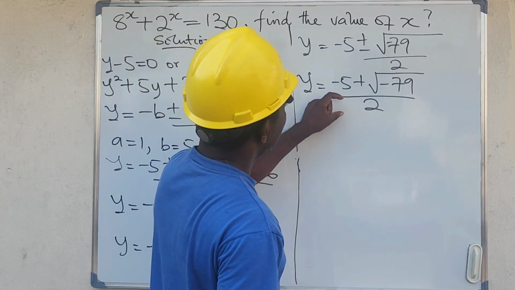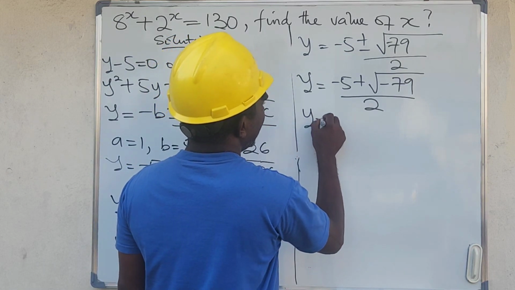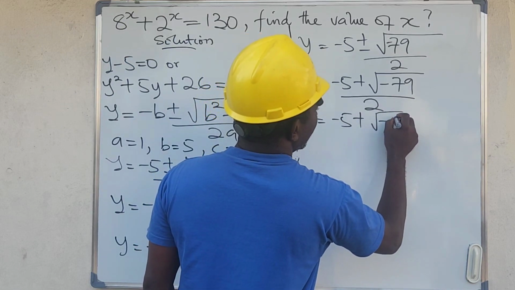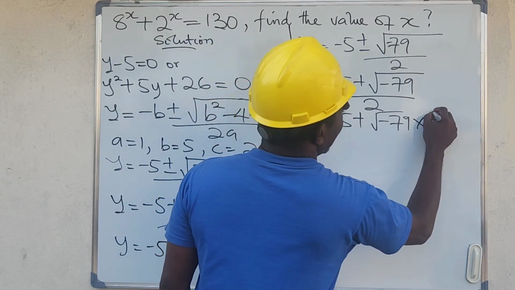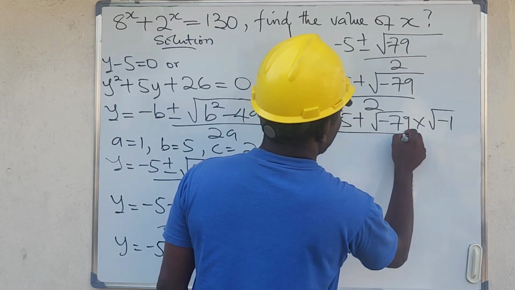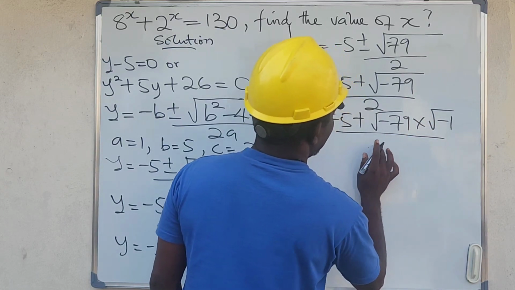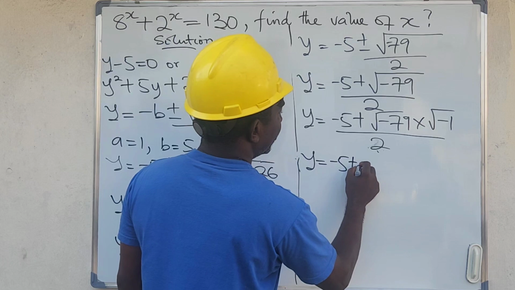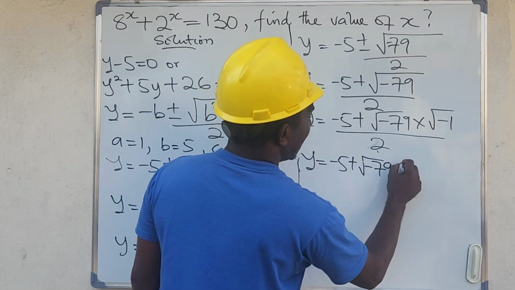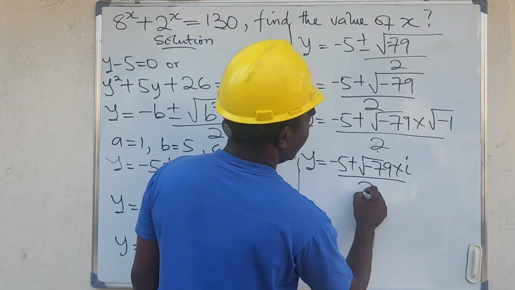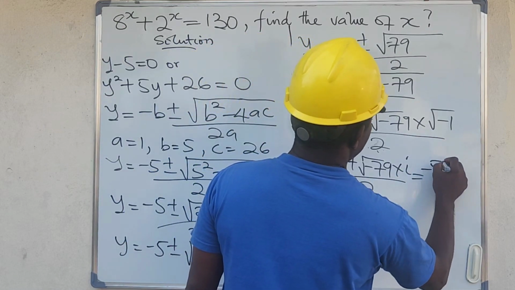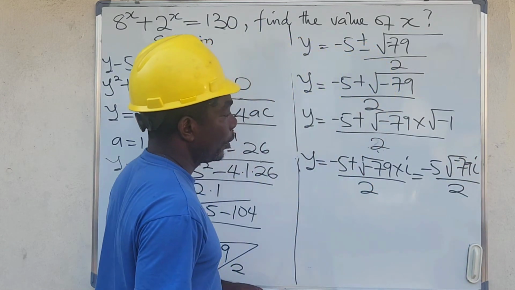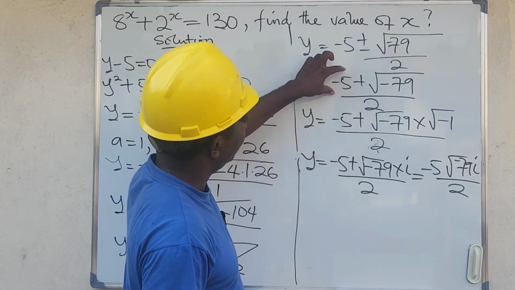We are going to separate this. The first one, we are taking the plus sign first: y equals minus 5 plus the square root of minus 79, all over 2. This is the same thing as the square root of 79 times the square root of minus 1, and the square root of minus 1 is the imaginary number i, all over 2. So that will become minus 5 plus the square root of 79 times i, all over 2. So that is for the first one.